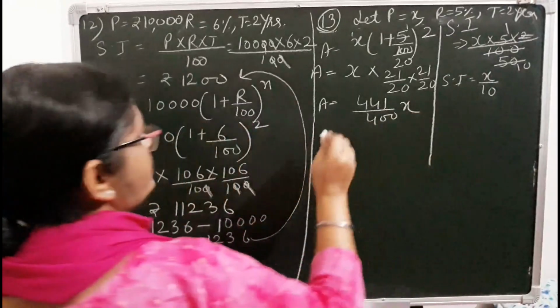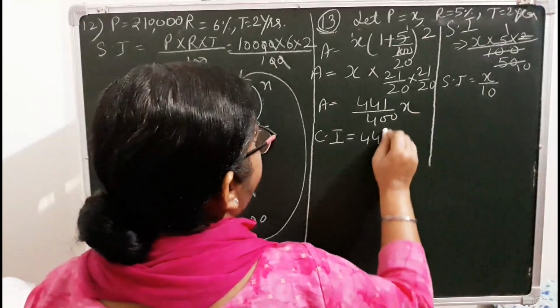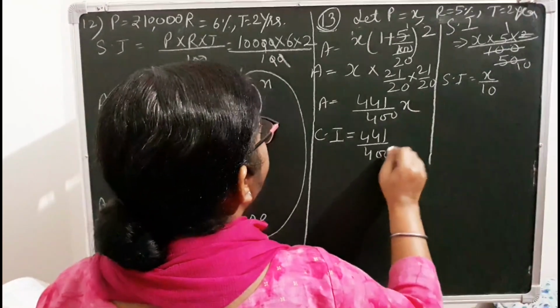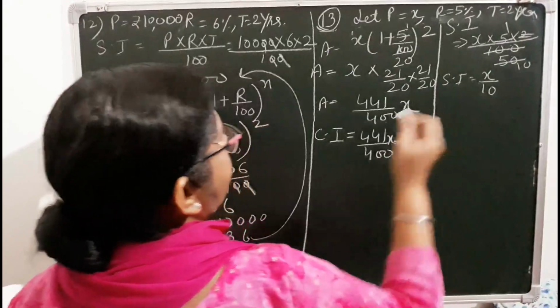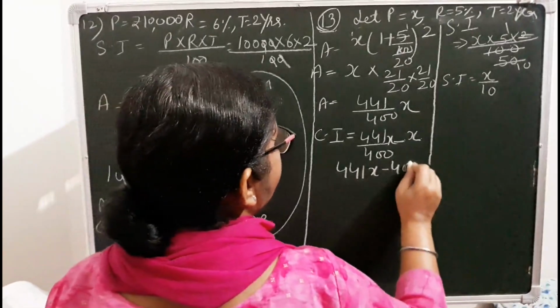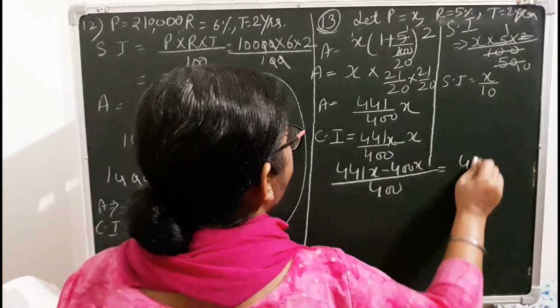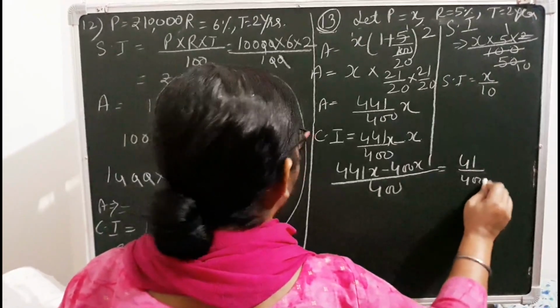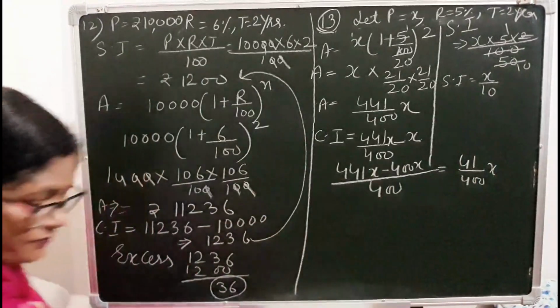This is the amount. Now compound interest, final amount minus principal. 441 over 400 x minus principal x. 441x minus 400x over 400 is 41 over 400 x is the compound interest, and simple interest is x over 10.